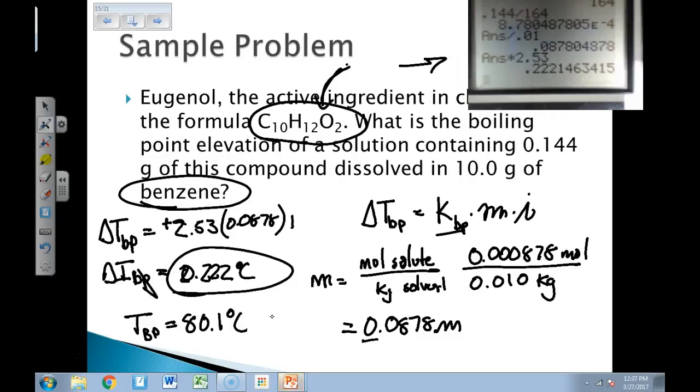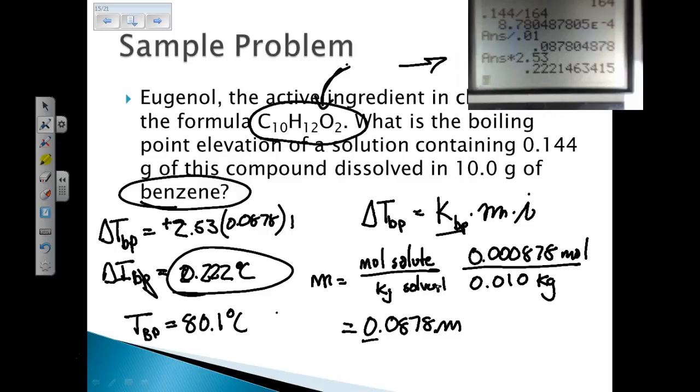So the new boiling point is equal to 80.322 degrees Celsius. And that's not a lot. And we wouldn't expect it to be a lot because it's not a lot of compound. So that is boiling point elevation. Have a great day and see you later.